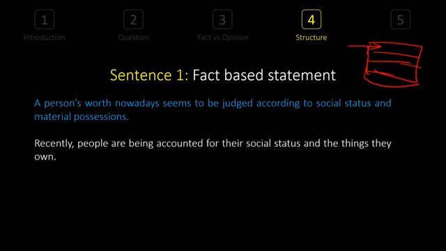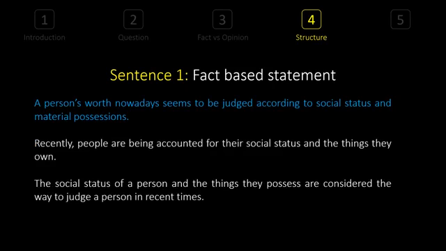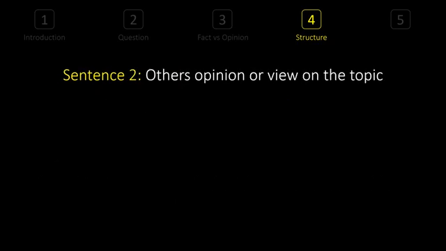I just paraphrased the same thing, trying to make it look as if I'm introducing the fact, not the whole essay. Or: the social status of a person and the things they possess are considered the way to judge a person in recent times. I'm writing the fact in a different way. That's it. This is also called paraphrase. I hope you understand.